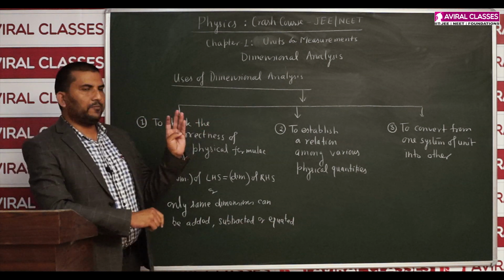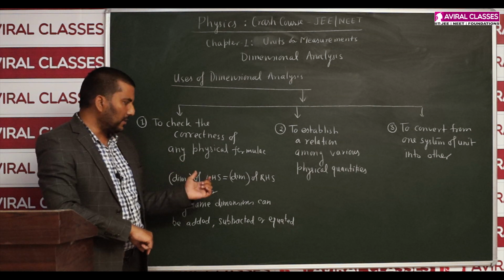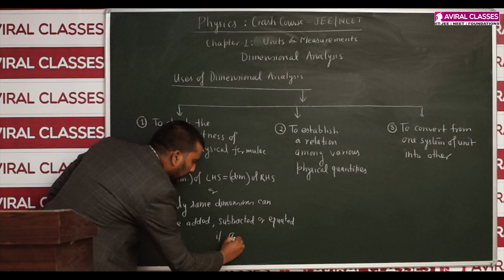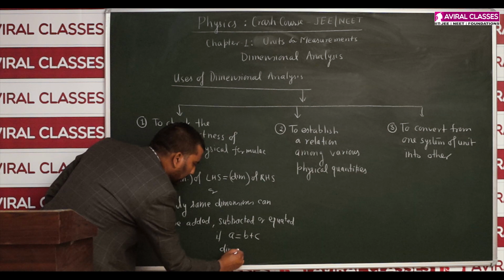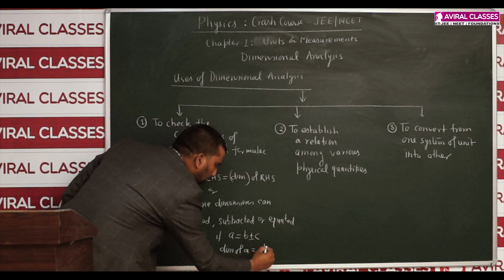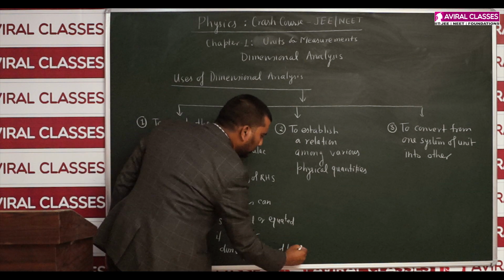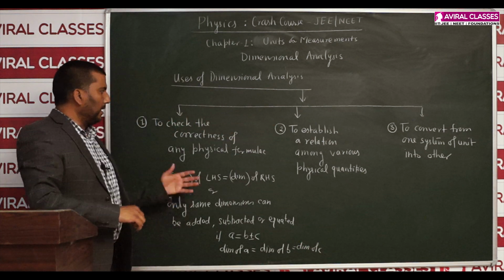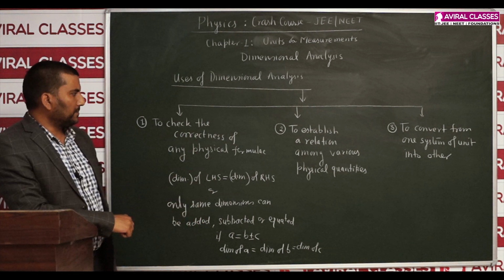It means if A plus B is equal to C, then A must have the same dimensional formula as B and as C. So if I have A is equal to B plus C, then I should write dimension of A should be equal to, or it is minus also, dimension of B is equal to dimension of C. It is called the principle of homogeneity in this dimensional analysis.